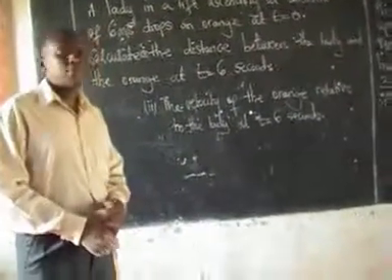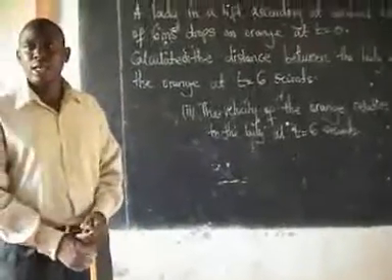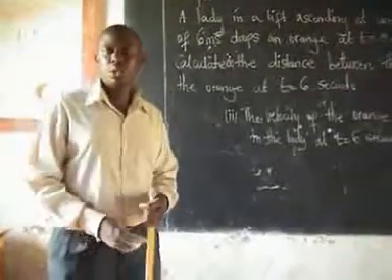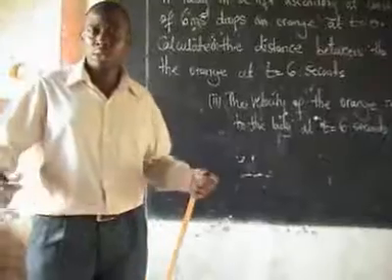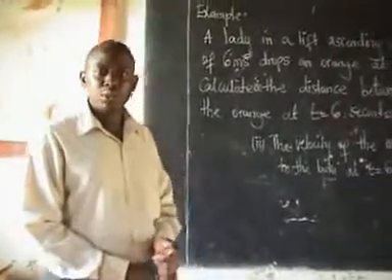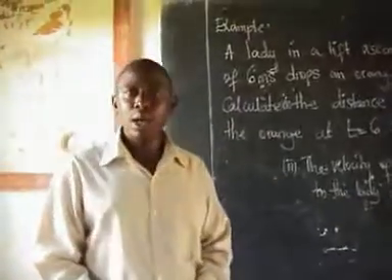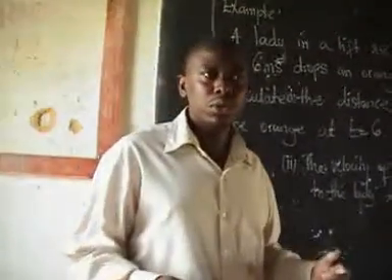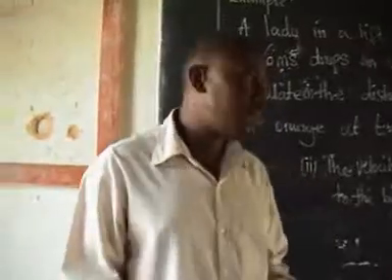Now what makes physics interesting is that they can set a question cutting across different topics. Actually, a good question is the one which cuts across as many topics as possible.